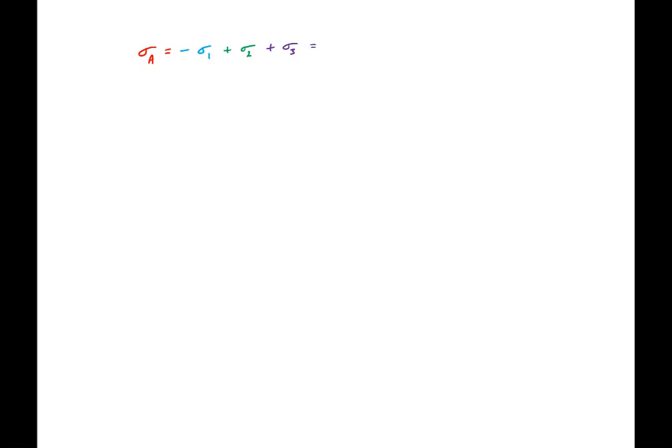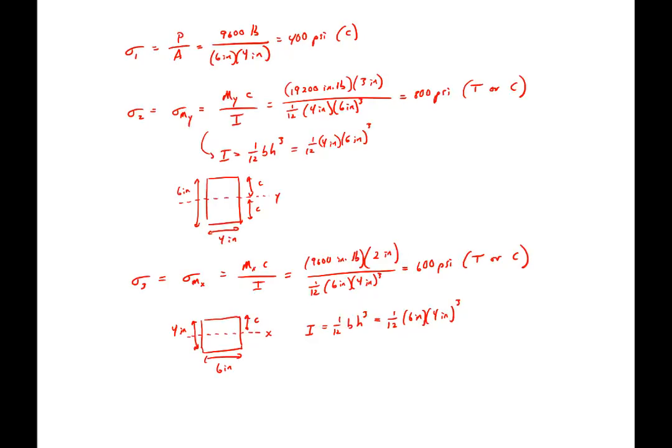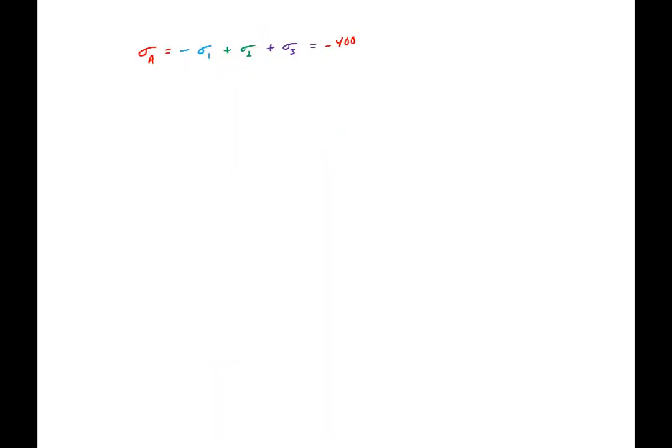All right, and if we write what those are, I'll switch back to red here. Sigma 1 is negative 400. Sigma 2, let's look back at our previous page here. Sigma 2 is our 800 psi, and sigma 3 is our 600 psi. So we'll have plus 800 plus 600.